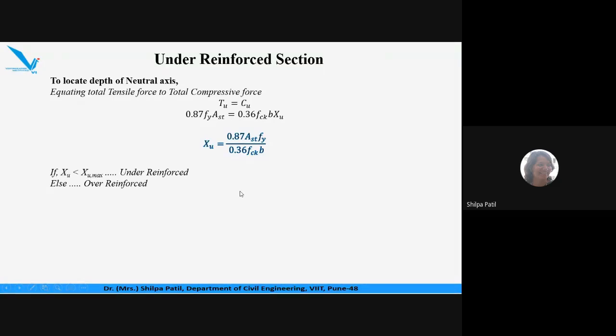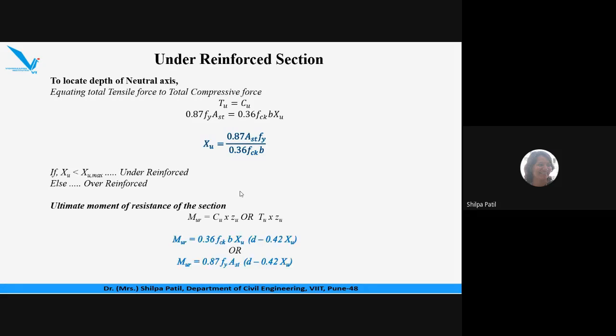Now, once you know the location of the depth of the neutral axis and the type of the beam, we can easily find out the ultimate moment of resistance of the section, which is calculated as Mur equal to Cu into Zu or Tu into Zu. That is the force of compression into lever arm or force of tension into lever arm.